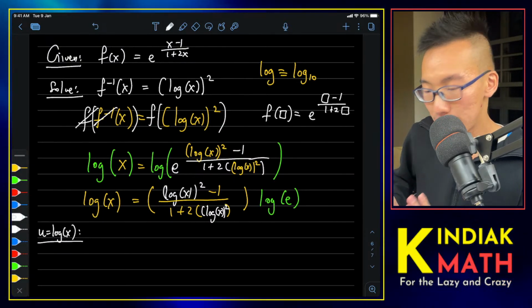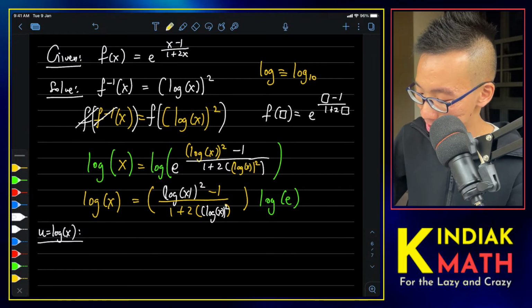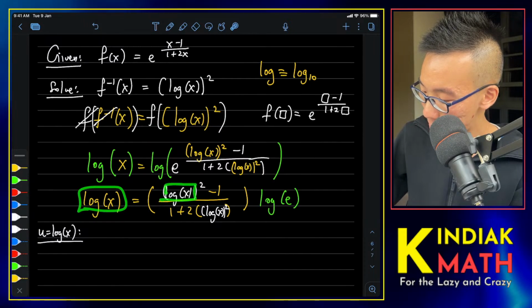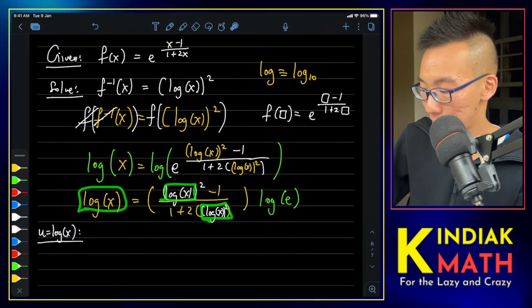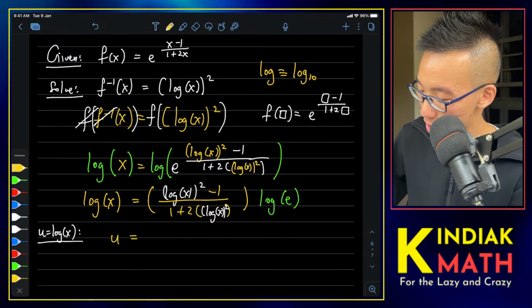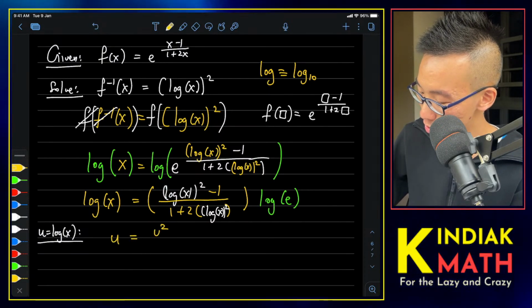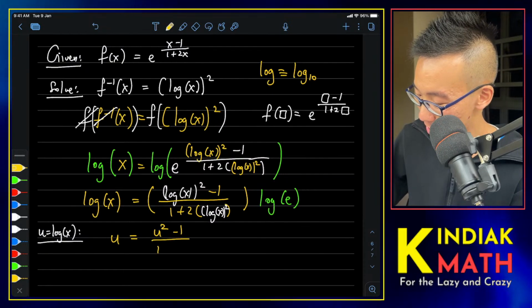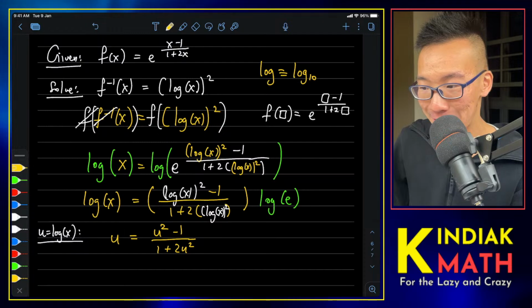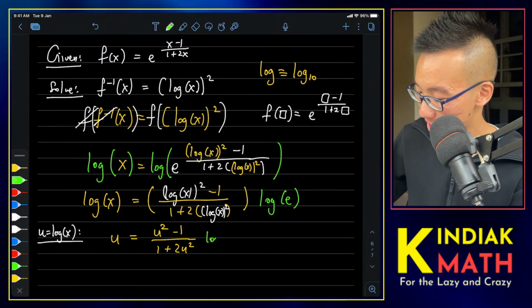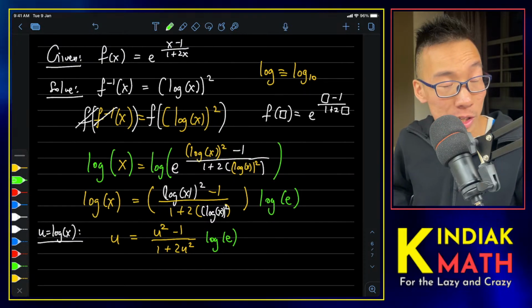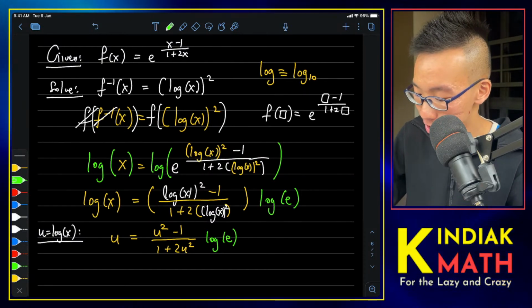So let's clean up some of the mess we see on the screen here. Every time we see a log x, we can replace it with the letter u. It looks a bit like this. We could still do some cross multiplications.